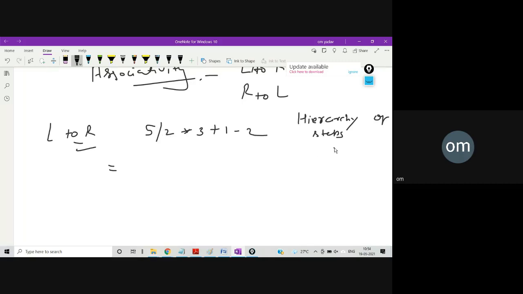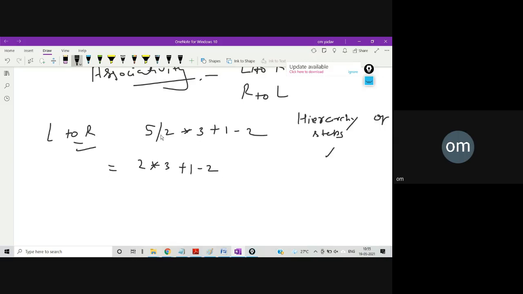The first step is division. So now 5 will be divided by 2. It will do integer division because there is no mention of float numbers. So 5 divided by 2, 2 times it will go, and after that the decimal value will be ignored because this is integer division. So 2 into 3 plus 1 minus 2.